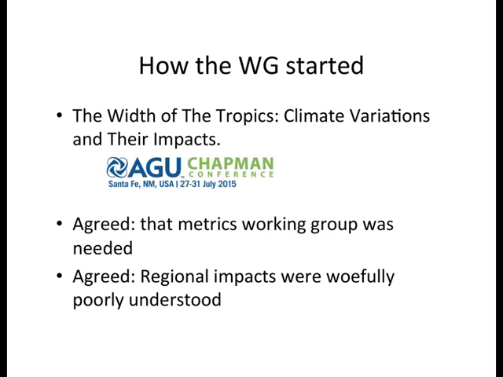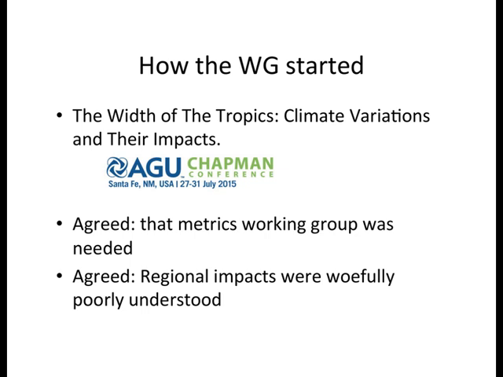There were some things that we agreed upon. We agreed that a metrics working group was needed after this meeting. It seems like every few publications, a new metric is introduced to analyze some aspect of the widening tropics, and some new methodology is presented along with it. Also, we agreed that regional impacts were woefully poorly understood and poorly represented at the meeting.